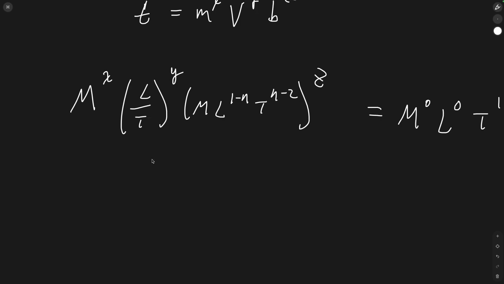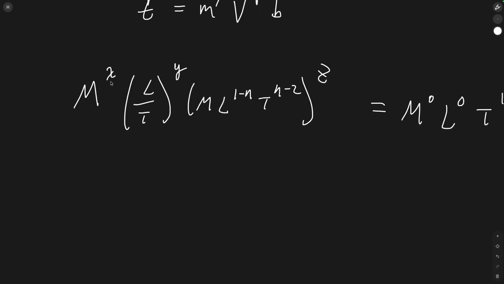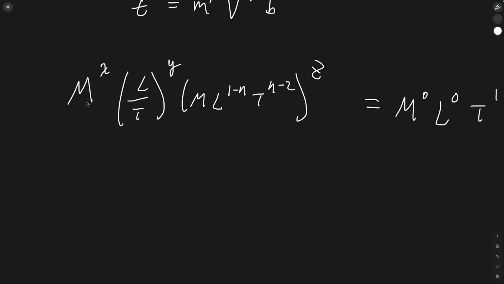Okay. So we'll combine things to make it look like this, right? So m to the x times m to the z is m to the x plus z. L to the y times L to the 1 minus n to the z is L to the y plus z times 1 minus n. Right?